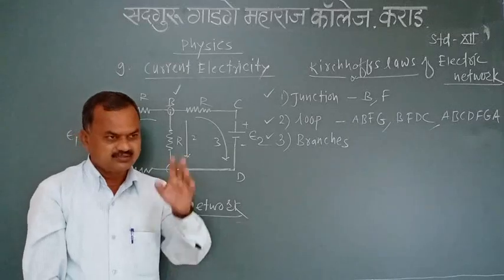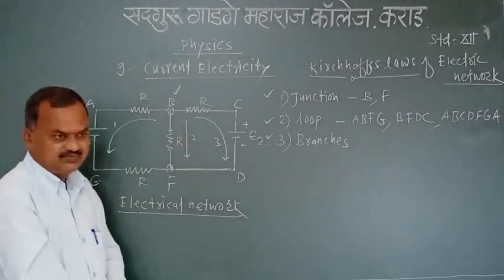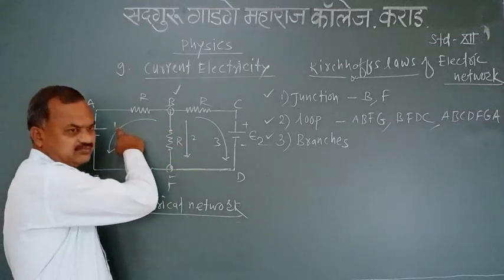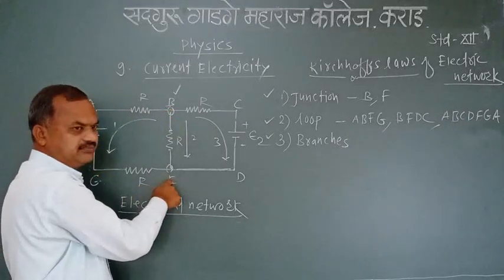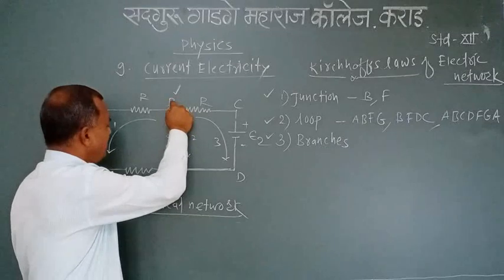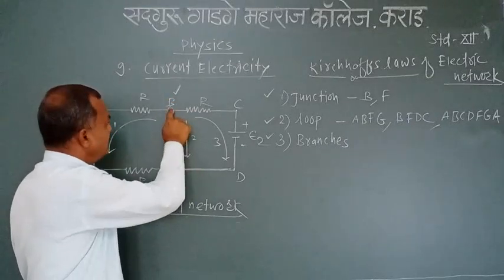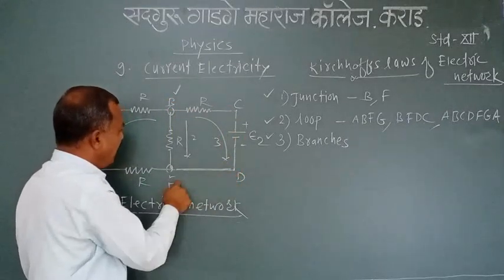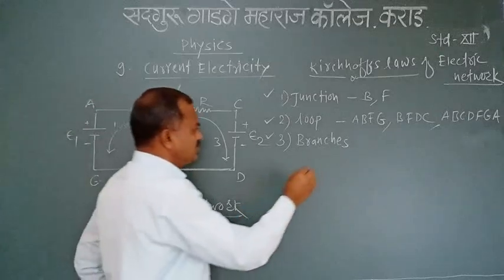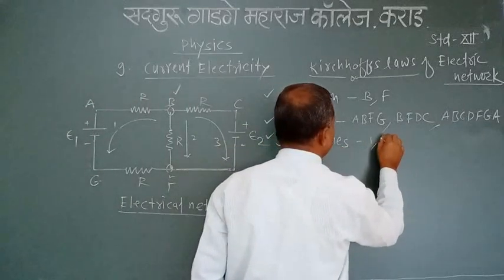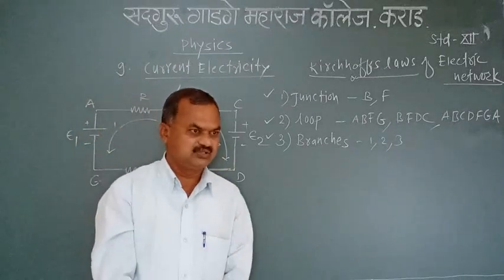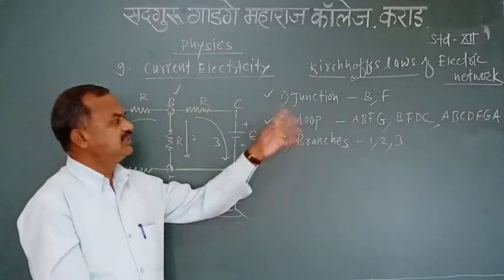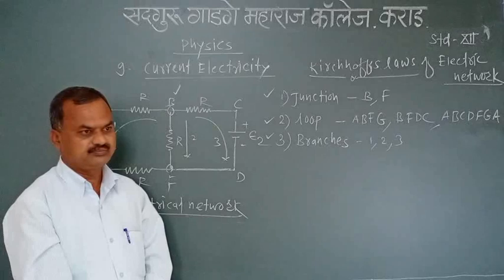There are three branches within that electric network. This is the first branch from B, A, G, F. Second branch from B to F. Third branch B, C, D, F. These are some important terms related with the electric network.